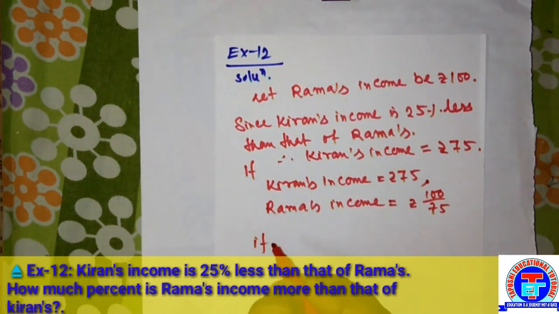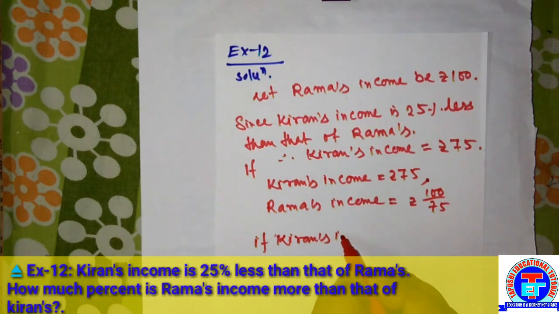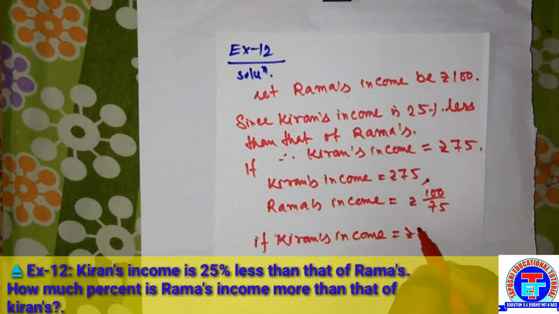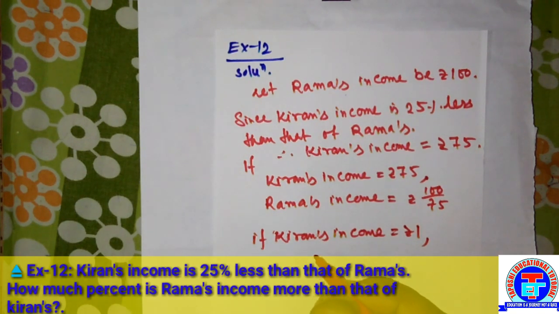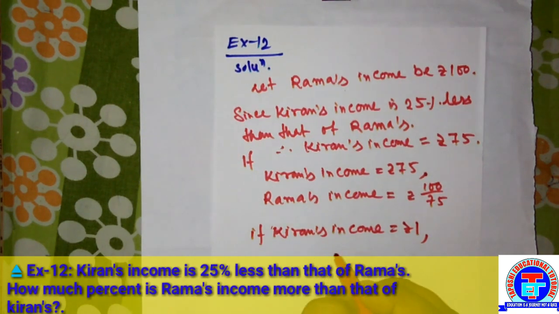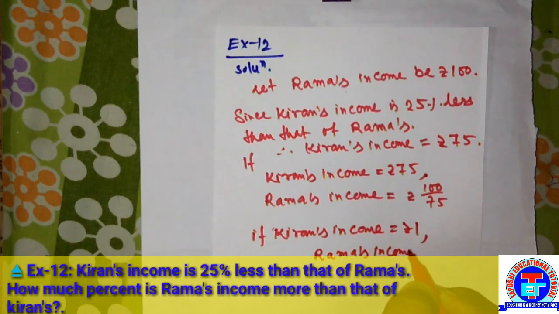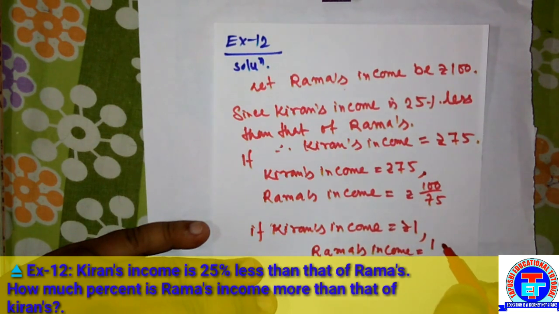If Kiran's income is rupees 1, then Rama's income will become 100 by 75 into 100.